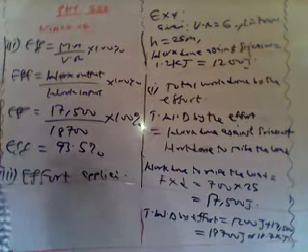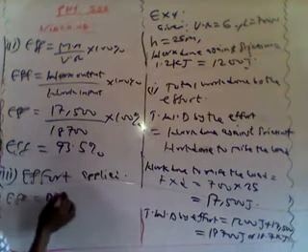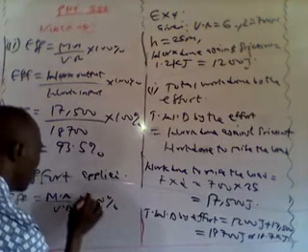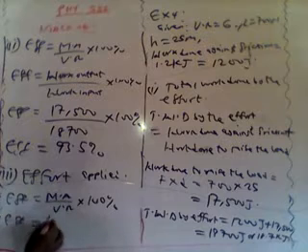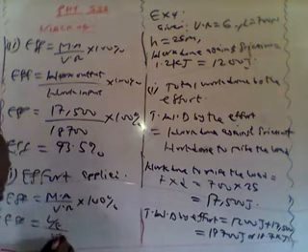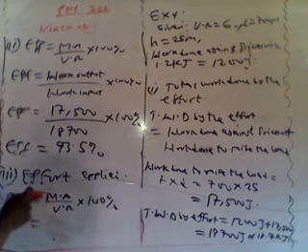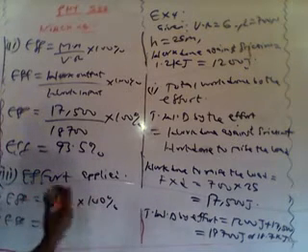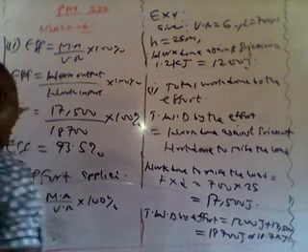Efficiency equals MA over VR multiplied by 100%. I can also rewrite this as efficiency equals load over effort over velocity ratio. Don't let me confuse you. Let's first look for MA. Then we use MA equals load over effort. Because the load has been given, we can make effort the subject of the formula.